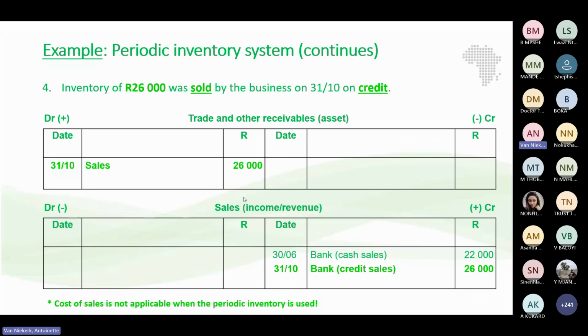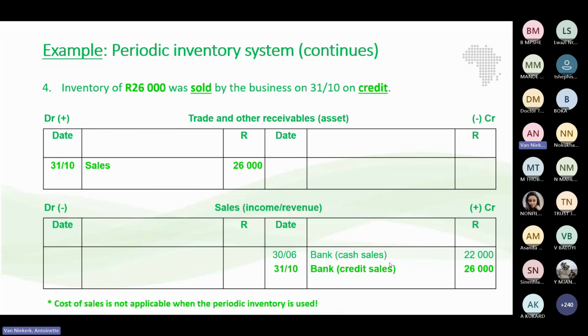If you said the sales account, then you are 100% correct. Please remember that the third transaction, we already recorded here, bank cash sales. Like I said, I just give more information in brackets so that we can distinguish what happened. So we already recorded this.